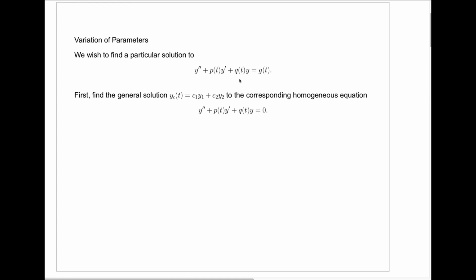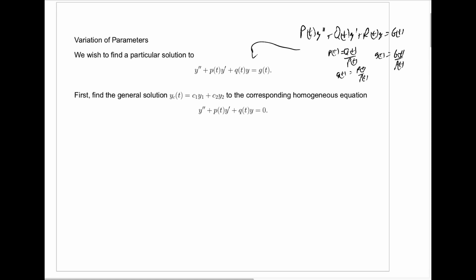It's going to be important to put it into this form. In other words, if you have something in the form of P of t y double prime plus Q of t y prime plus R of t y equals G of t, then just divide through by that capital P of t to get it into this form, where little p will be Q of t over P of t, little q of t will be R of t over P of t, and the little g of t will be capital G of t over P of t.